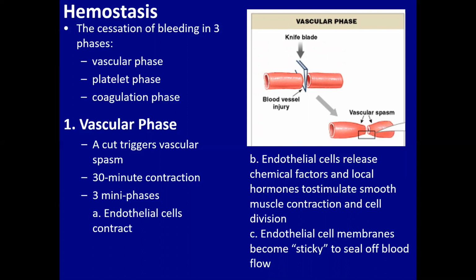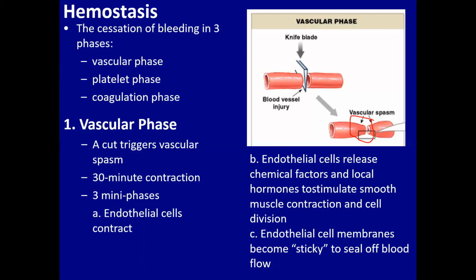So the first step is the vascular phase. This is where you've had damage, a cut to a vessel. A 30-minute contraction will occur, and that contraction will slow the flow of blood.